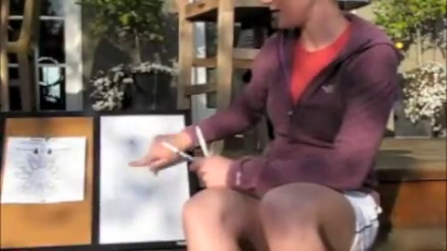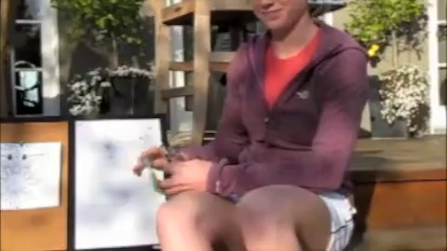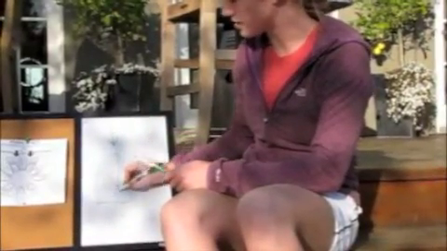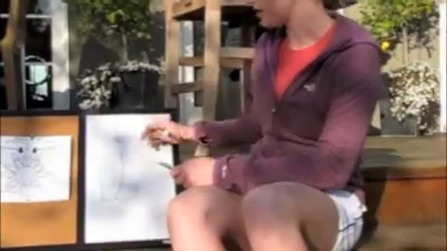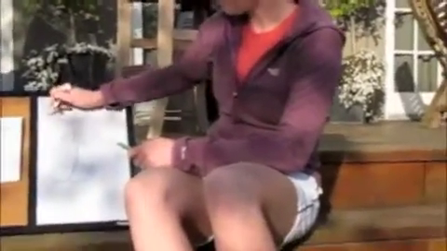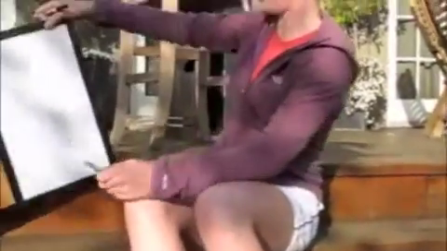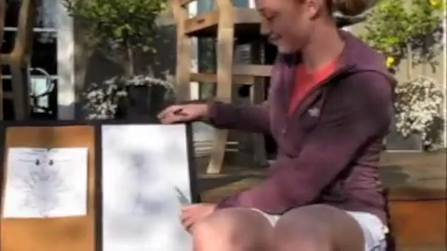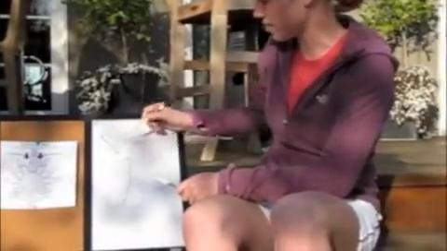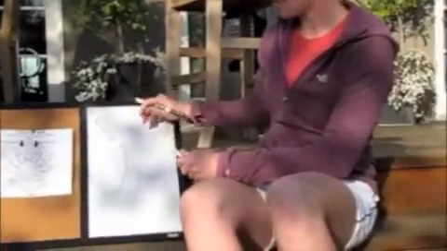Okay, next, let's go to the next point of sail. When the boat has a sail and it's all the way in, the wind is coming from here. That boat is close hauled.